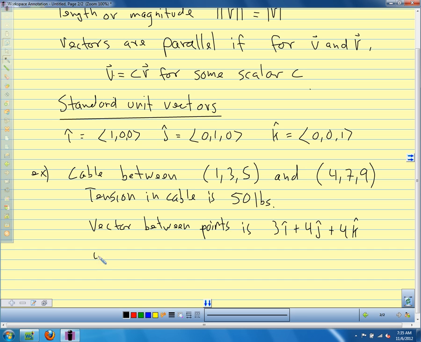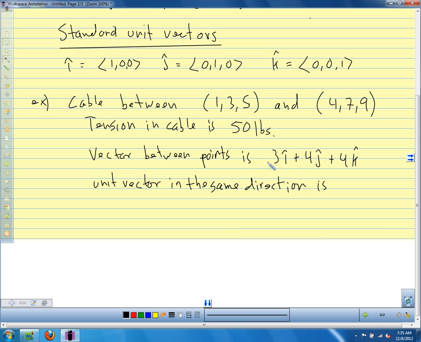So a unit vector in the same direction is 1 over the square root of 3 squared plus 4 squared plus 4 squared, times 3i plus 4j plus 4k.